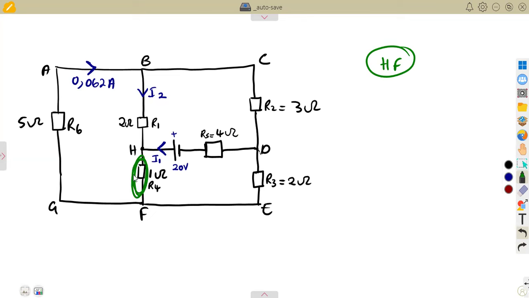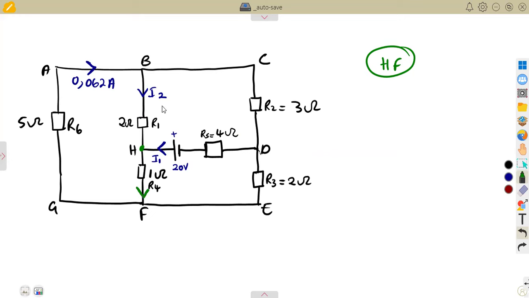Considering the point HF here, there is a current flowing towards the junction at H, which is this current I2. I1 is flowing in, I2 is flowing in. These two meet and flow out as this current at H. We're going to take it as the current away from the junction.